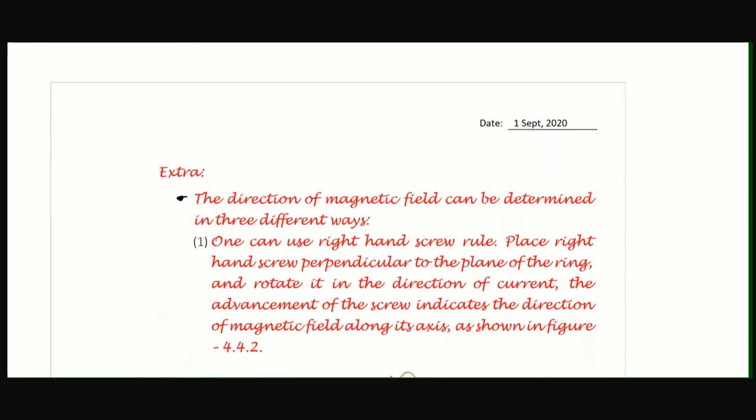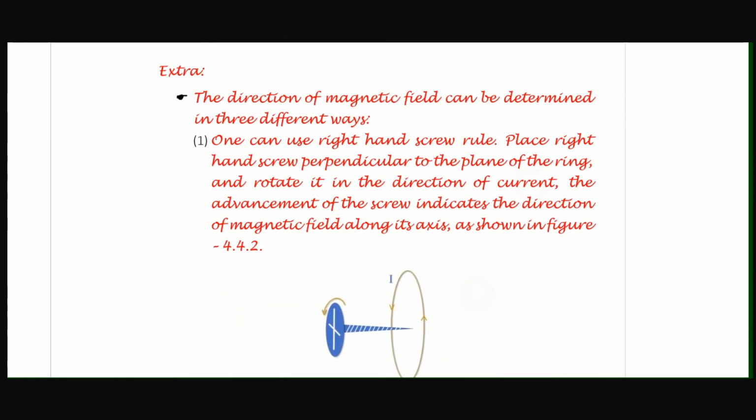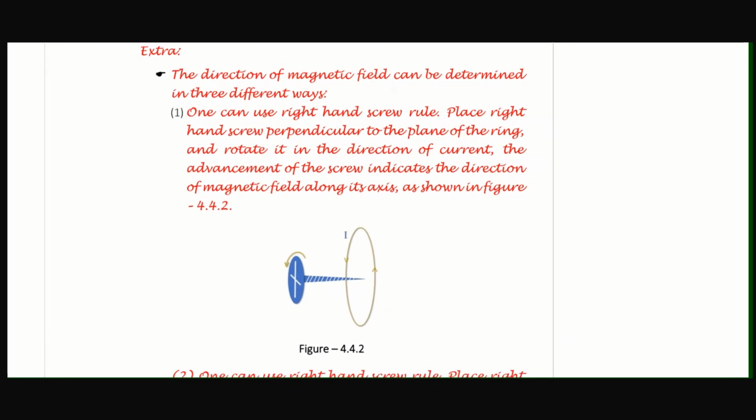So what are the special cases? One more thing I would like to remind you is that whenever you want to determine direction of magnetic field, one way is to use the right hand screw rule. If you have a ring and suppose current is going like this, place a screw and rotate it in the direction of current. Then you will see that the screw will advance in one direction.